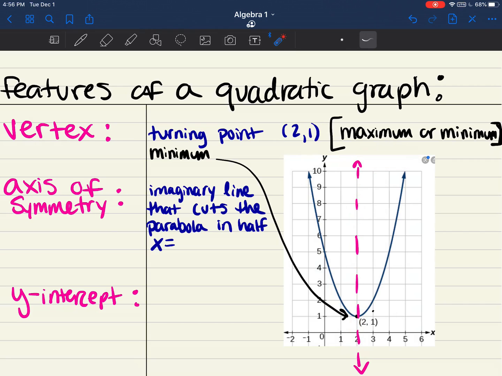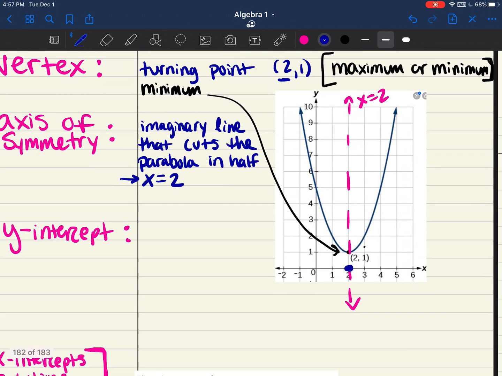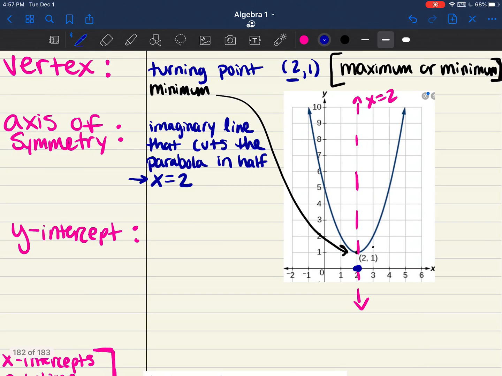And you'll notice it will always be the x value from the vertex. And notice this goes through the x-axis at 2. So this axis of symmetry is x equals 2. Axes of symmetry always have x equals. It will always match the x value of the vertex.